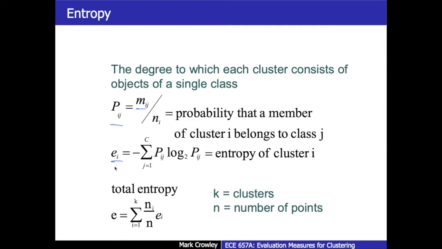So this is your cluster that says all these images are people, and you're going over all the data points for all the different actual classes and seeing what's the probability your model says that some data point j is in that class, that any data point j that's in that class is also in your cluster i.